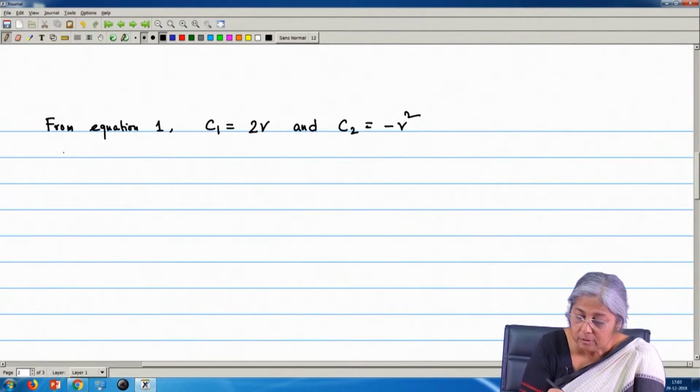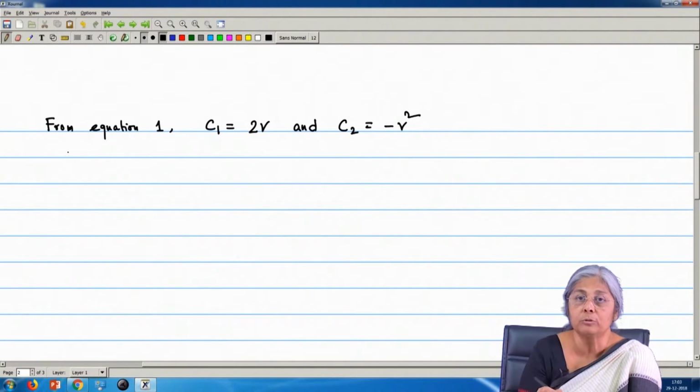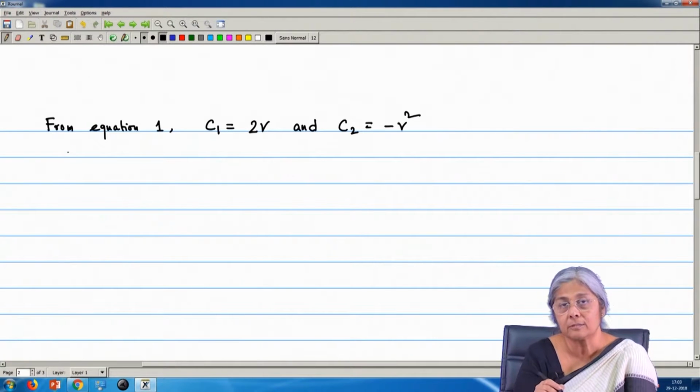Now, we have to show that if r to the power n is a solution, then n r to the power n is also a solution.